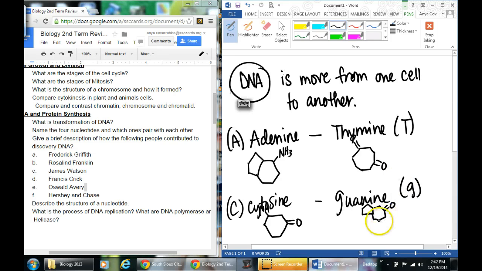And A's always go with T's, and C's always go with G's in DNA. Now we know later on when we start talking about RNA, RNA is different.